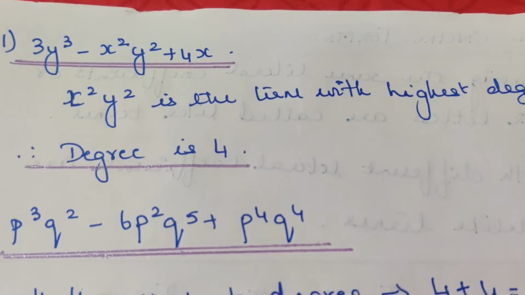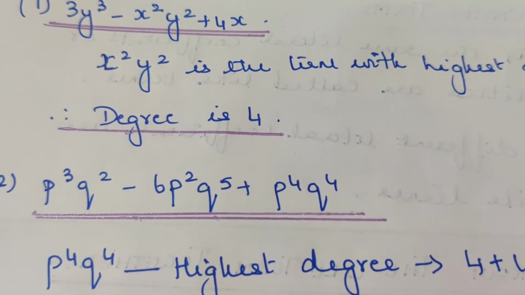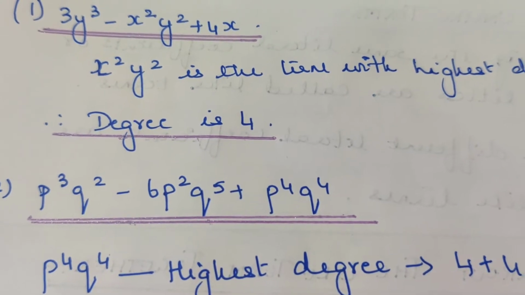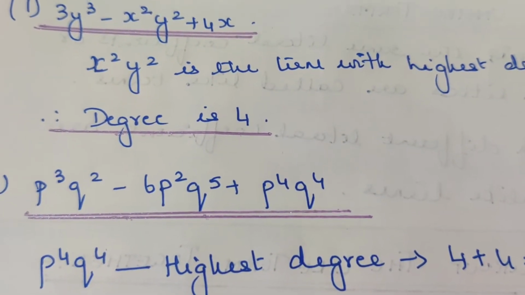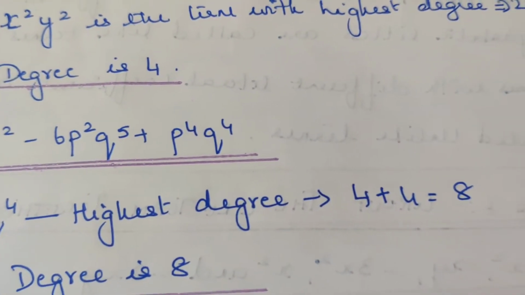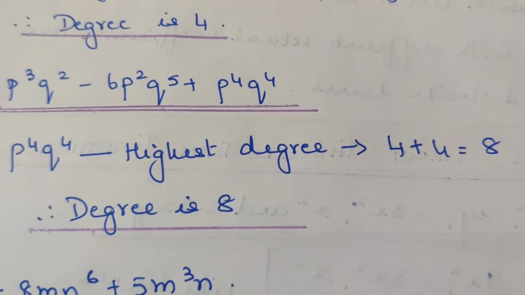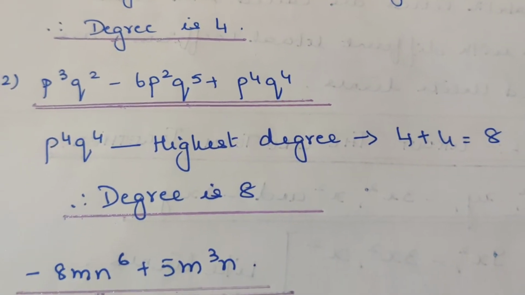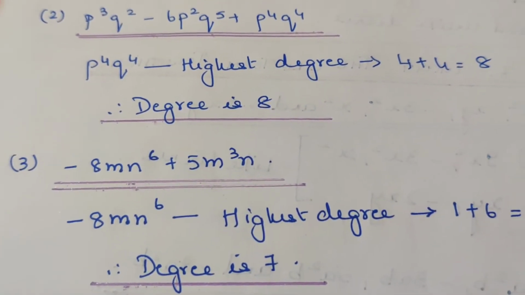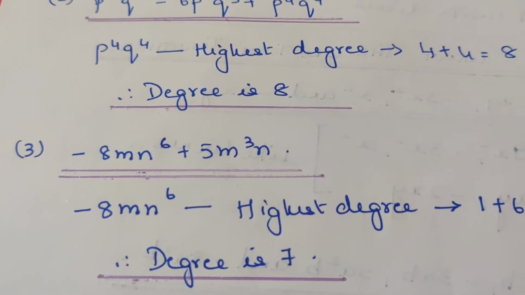Hope it is easy. P cube q square minus 6p square q to the power of 5 plus p to the power of 4 q to the power of 4. Here p to the power of 4 q to the power of 4 has got the highest degree, that is 4 plus 4, that is equal to 8. Therefore degree is 8. Next one, minus 8m n to the power of 6 plus 5m cube n.